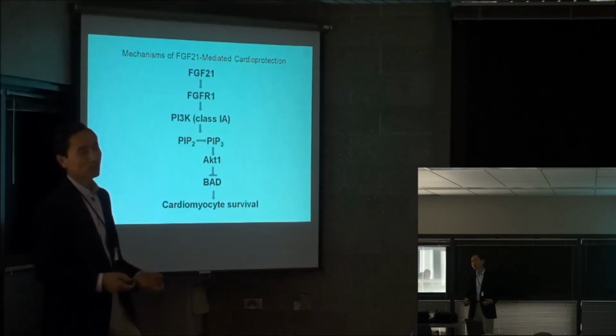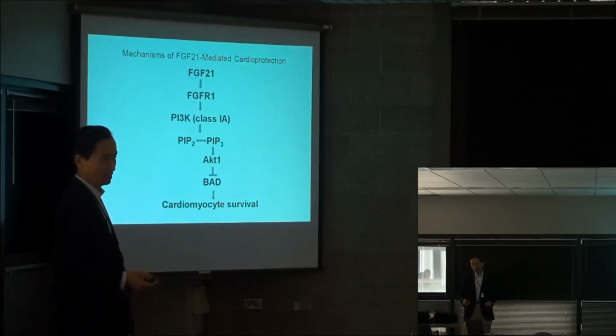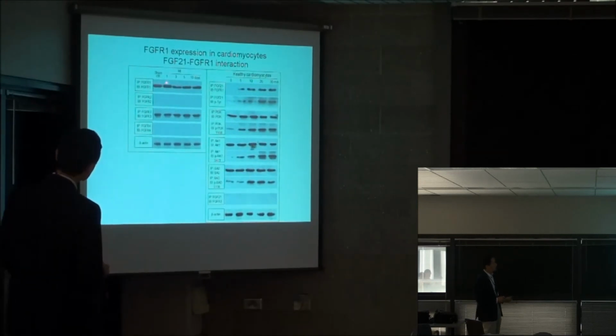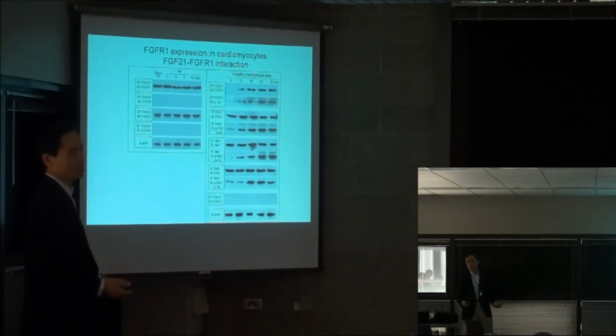Actually, there are 4 types of FGF receptors, and cardiomyocytes in the mouse express receptor 1 and 3, like shown here. Here is receptor 1, in cardiomyocytes from sham-controlled animals and also from animals with myocardial infarction at 1, 3, 5, and 10 days. Receptor 3 is also expressed in cardiomyocytes in the mouse, but 2 and 4 are not expressed, just by nature.